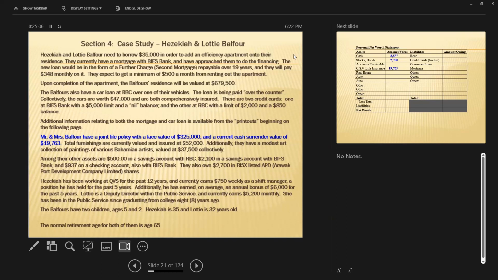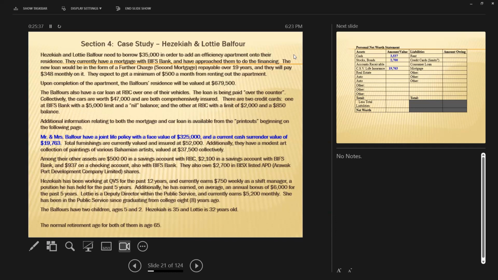Now remember, the only thing that goes in the net worth statement is the cash surrender value. That is why they say CSV, cash surrender value, not the face value. They would only get the face value if one or both of them die. The only way they'll benefit from 325,000 is if one or both die, because this is a joint life policy.